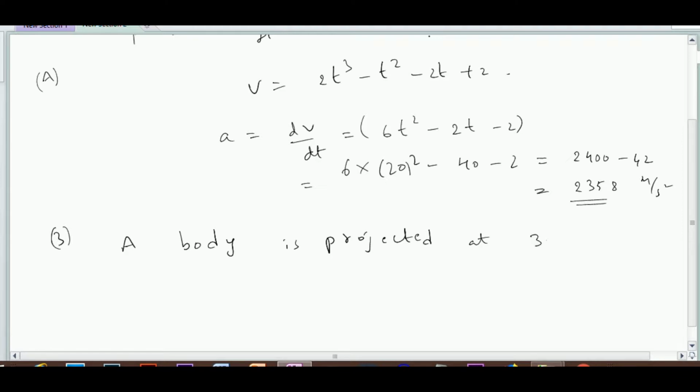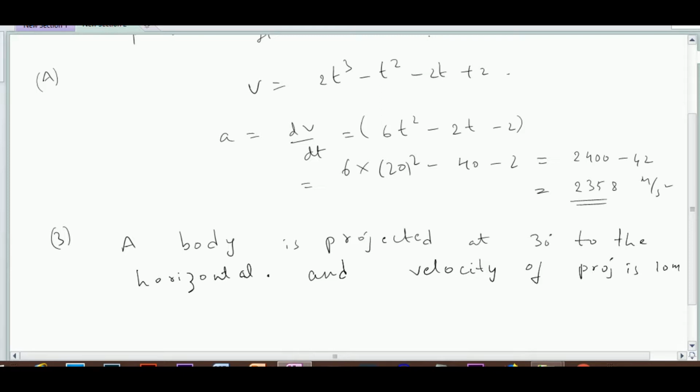A body is projected at 30 degrees to the horizontal. Velocity of the projectile is 10 meters per second. Here the velocity of the projectile is given and the angle at which it is projected is also given.